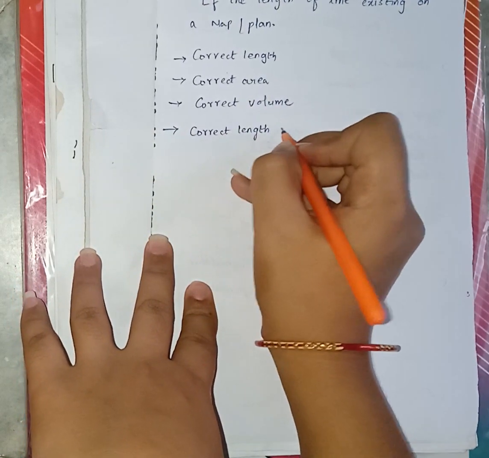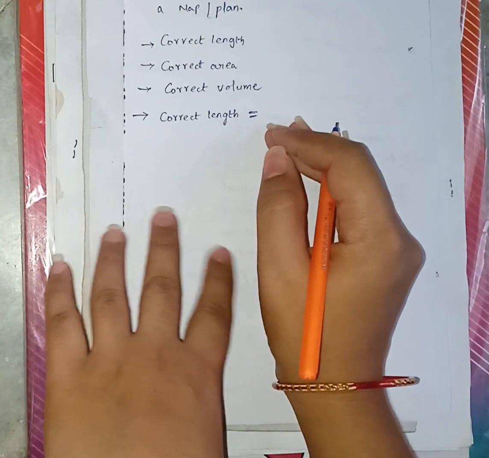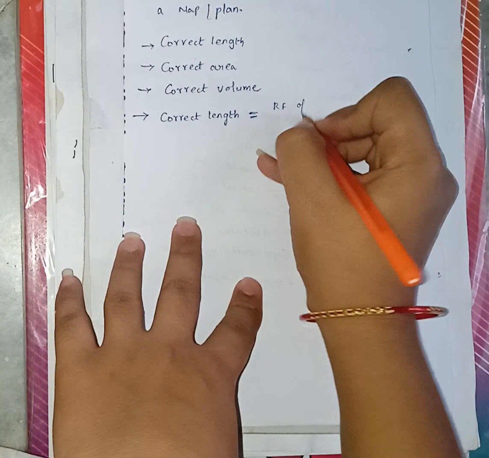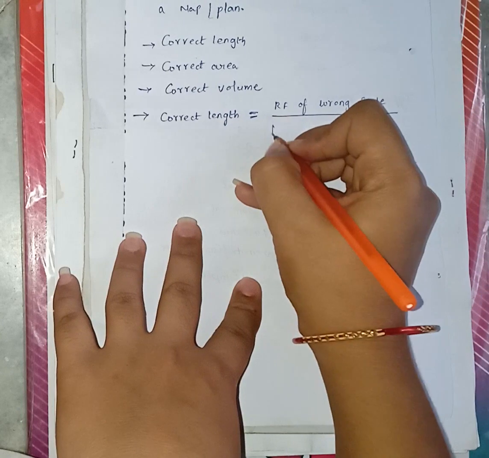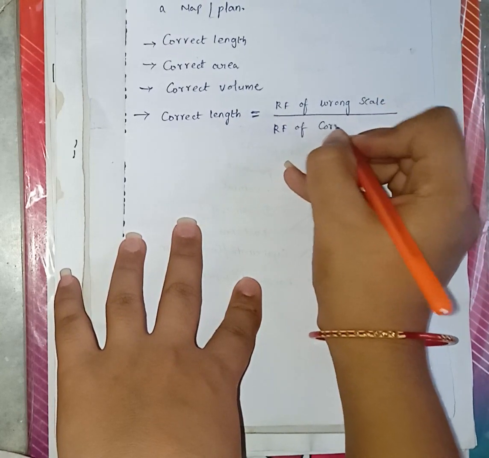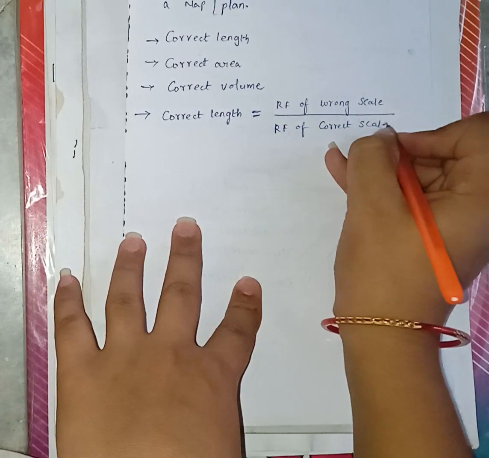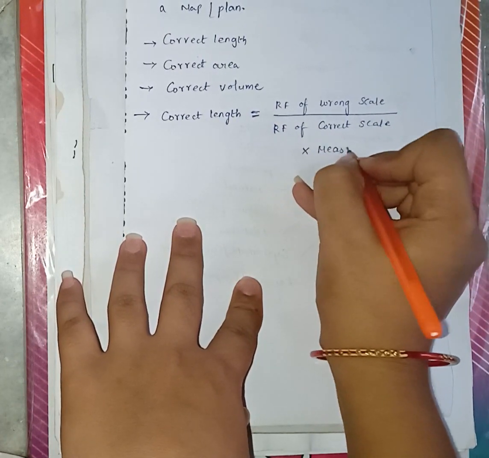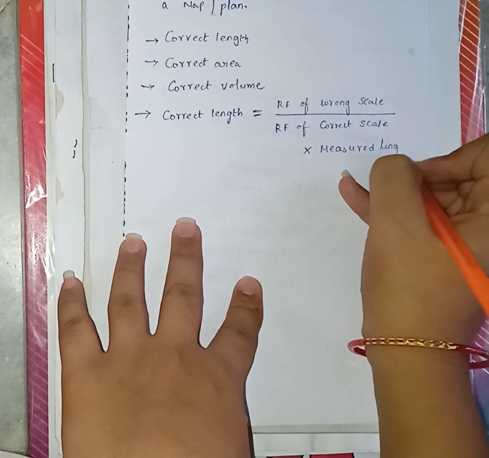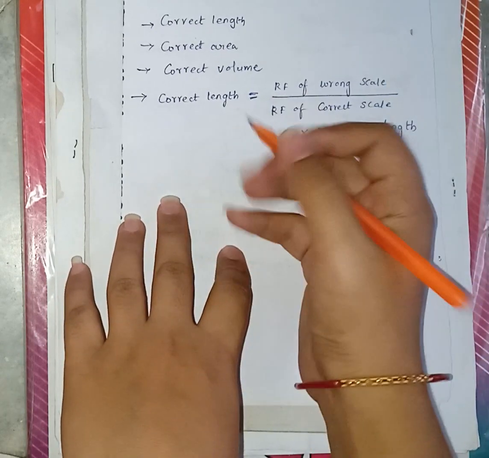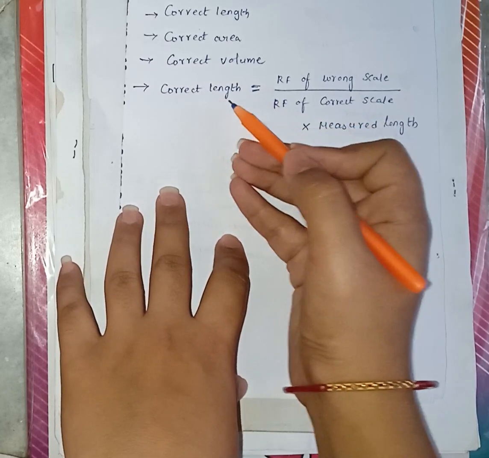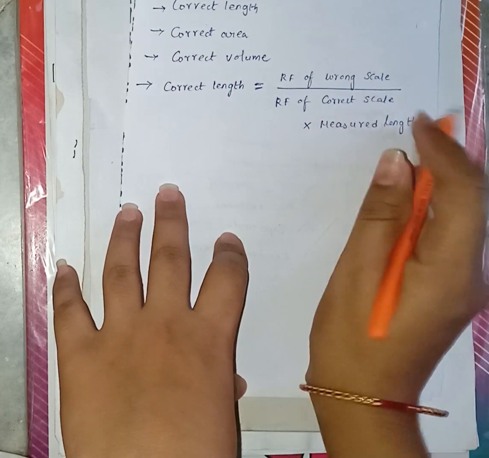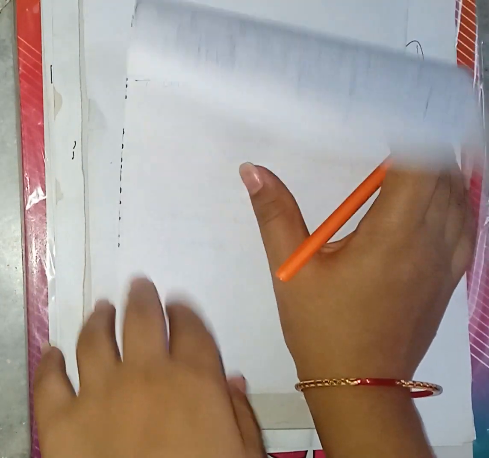Whenever there is a wrong length, the correct length can be found out by using the formula: RF, the representative fraction of wrong scale, divided by the representative fraction of correct scale, into measured length. Whenever we get a wrong length, it can be corrected by using the formula: correct length equals RF of wrong scale divided by RF of correct scale into measured length.